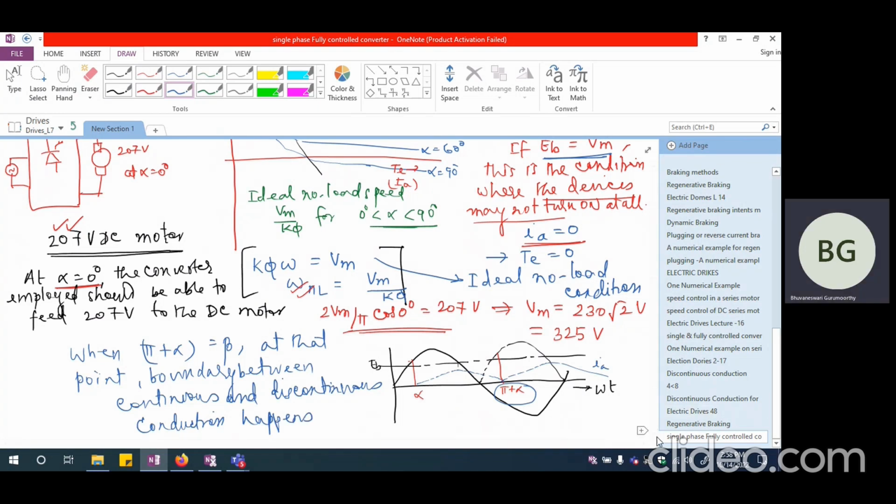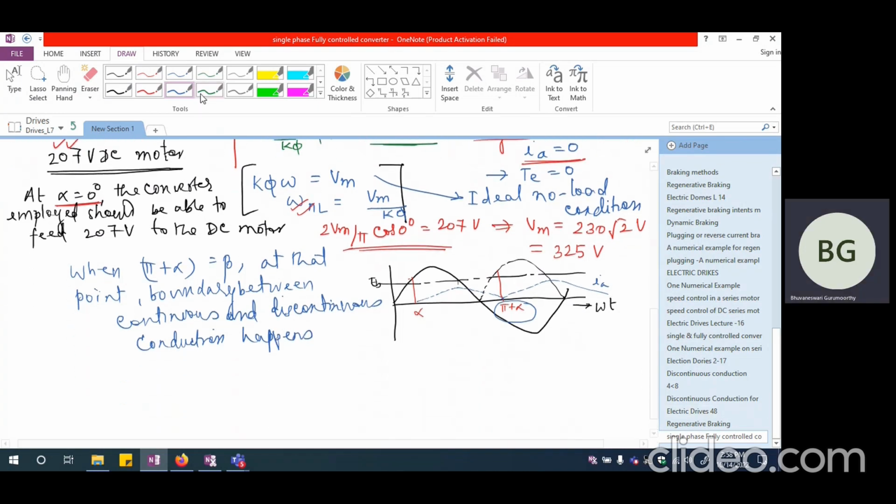So, if you may recall, we had written the expression for i_a(ωt) as Vm divided by Z sine of (ωt minus φ) minus E_b by R_a, plus K1 multiplied by e power minus t by τ_a.